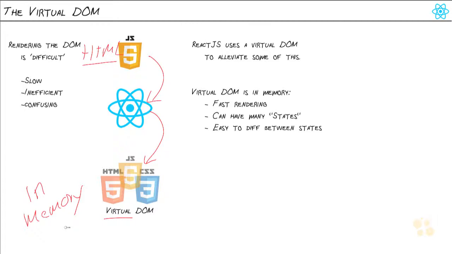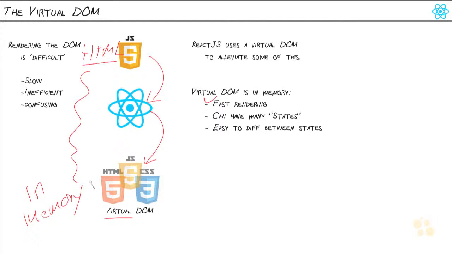Why do we do that? Well, a couple of different reasons. One, it's really fast to render. Because all of this is happening in memory, it all happens very, very quickly. In fact, the faster the user's computer, the quicker it's going to happen, right? If they have nice fast memory, it's going to be lightning fast. Even an old slow computer, though, stuff that's happening in RAM happens very, very quickly.